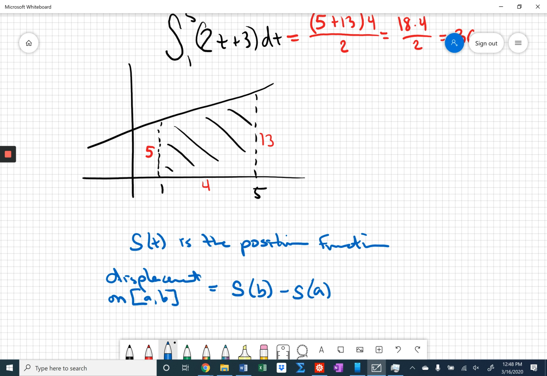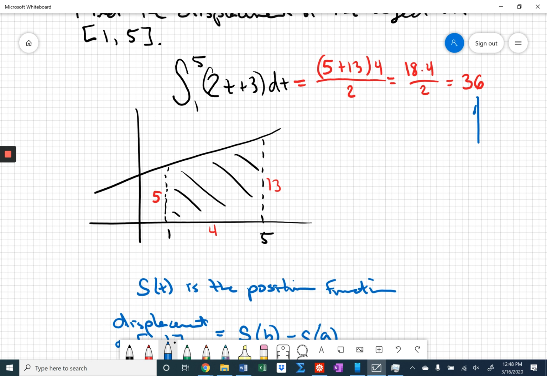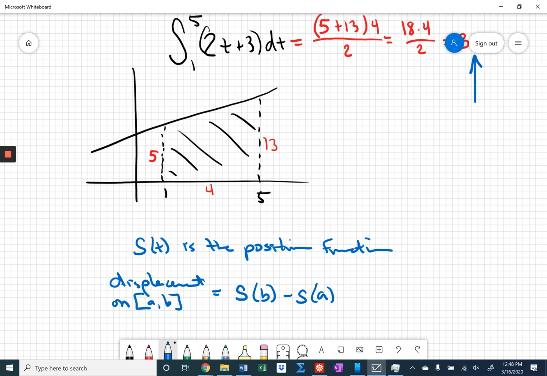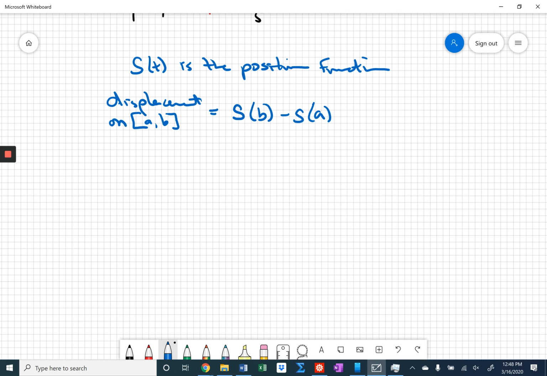So, well, wait a second here. If my displacement was 36 that we found here, and I know the velocity function is 2t plus 3, we should be able to find the position function by taking an antiderivative. So if v of t, again, is 2t plus 3, then the position function is going to be, let's reverse the power rule here.